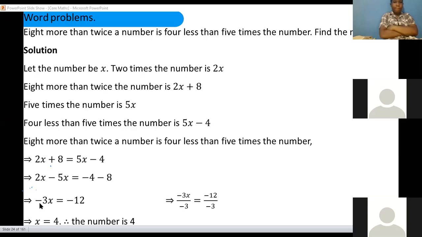So here we don't divide both sides by 3, but we divide by negative 3 so that the coefficient of the variable will be positive 1. That is why we are dividing both sides by negative 3. So we have negative 3x divided by negative 3 will result in x is equal to negative 12 divided by negative 3, which will give us positive 4. So therefore, the number is 4.